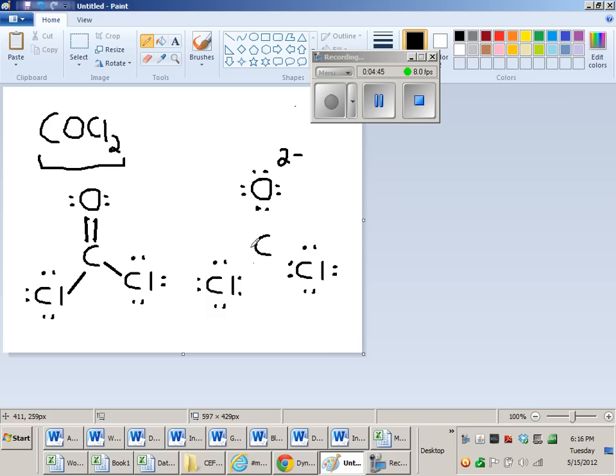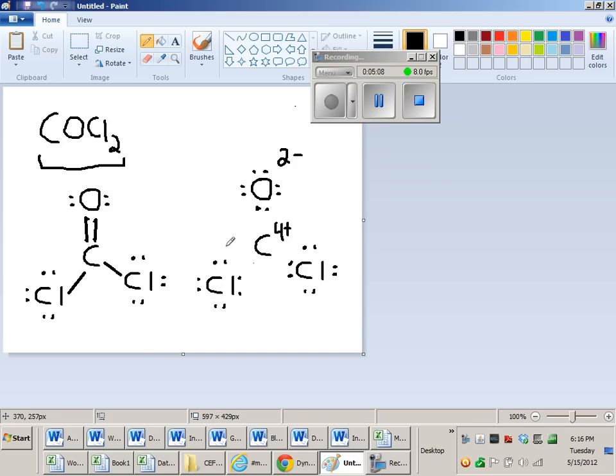Carbon, neutral carbon, has 4 valence electrons. This carbon has 0. So a deficit of 4 electrons from something that was neutral is going to give you a +4 charge. Each of the chlorines, when it was neutral, had 7 valence electrons. It now has 8.